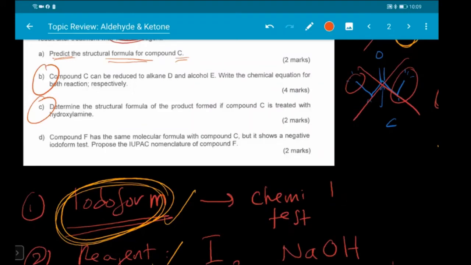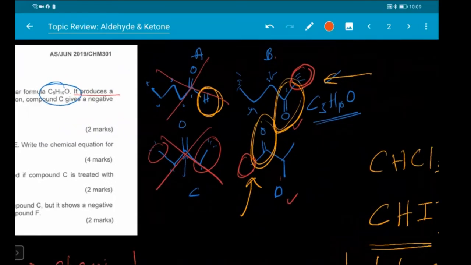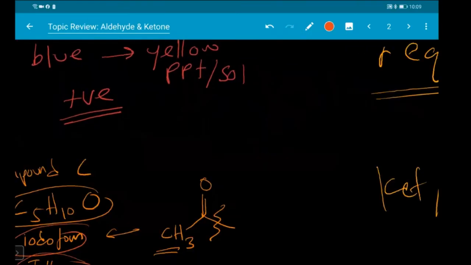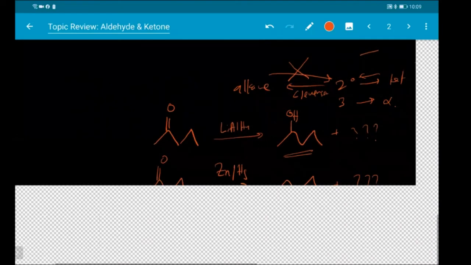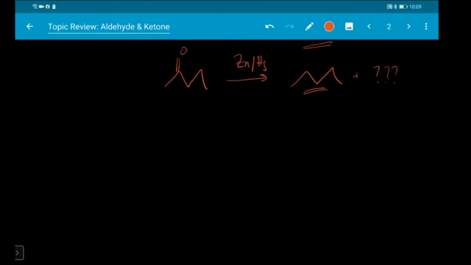Okay, ni kita bincangkan awal-awal tadi. Alright. So in this case, tak apa aku lukis lain lah. Alright.